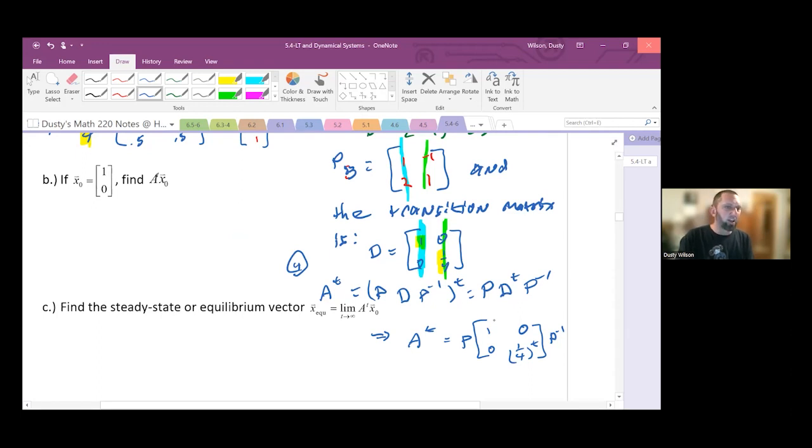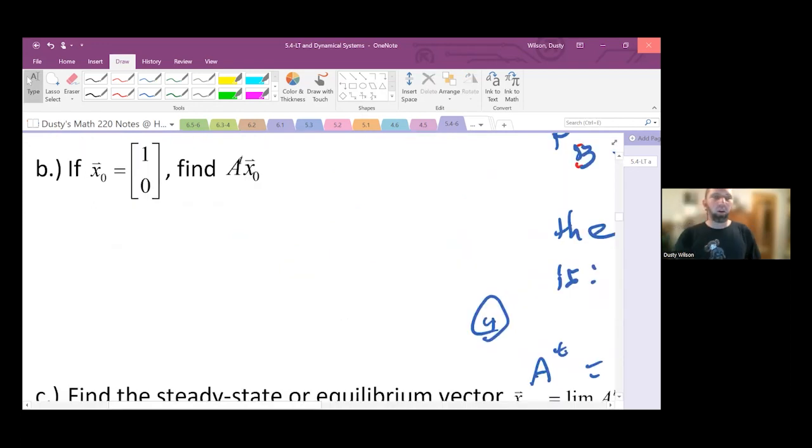All right, let's continue on. We did all that to find A to the t, and now we're going to take on part B. If x naught equals [1, 0], find A to the t x naught. To do this, I'm going to sort of work backwards.